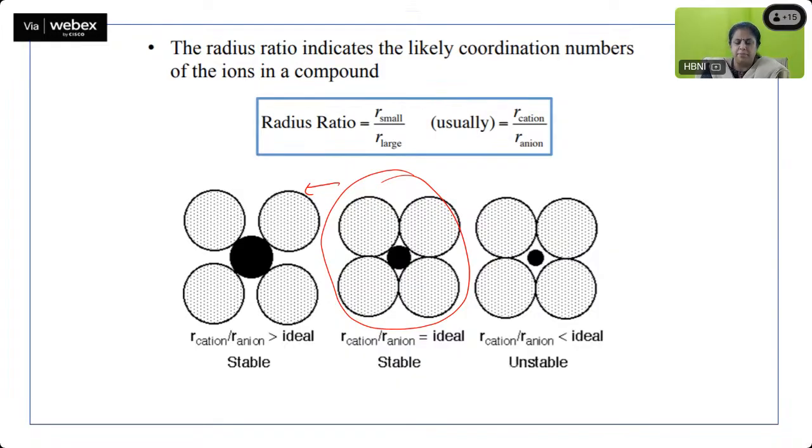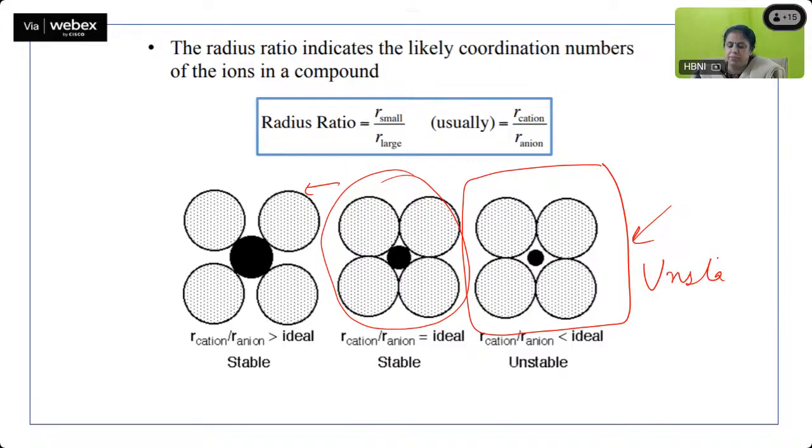This is also stable. But in a situation where the cation is small and not touching the anions, what do we call this? The cation is actually rattling in the hole. It is smaller than the space that is provided. This situation is highly unstable.